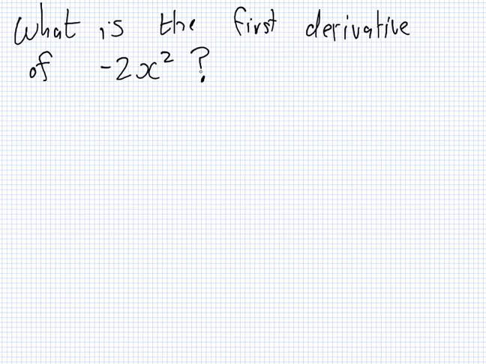And by the way, in the exam, like I said, you could get this one. The question would say, what is the first derivative of minus 2x squared by using first principles? You got it?